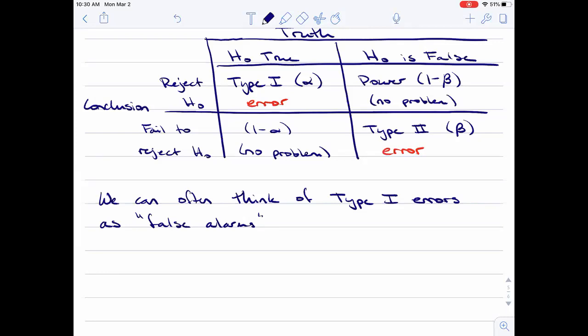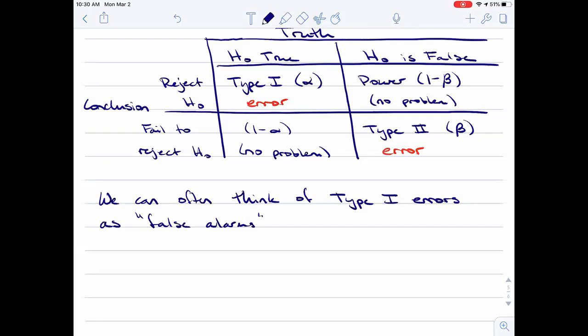But usually we use no change for our H naught, and that's where my hang-up is. So if H naught is that I do not have the disease, and I reject that, I have a disease is the conclusion. But I don't have the disease.